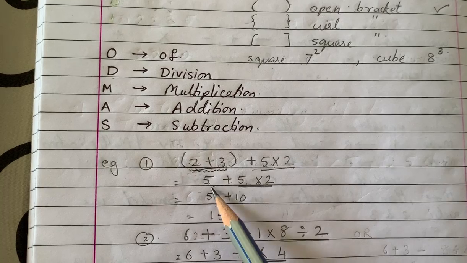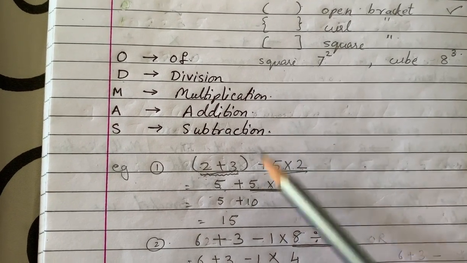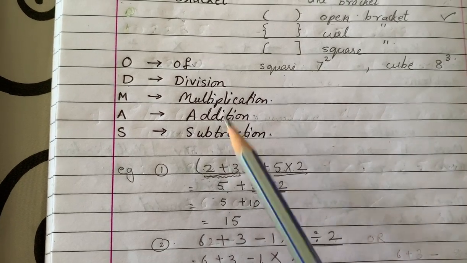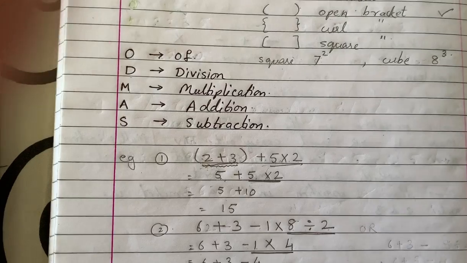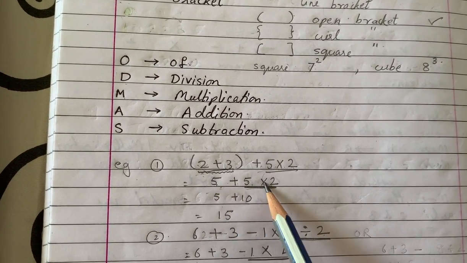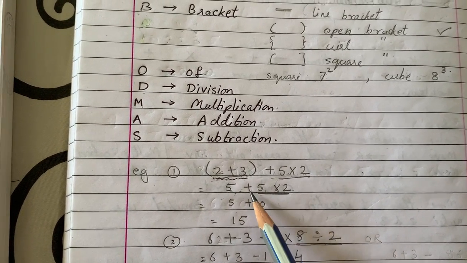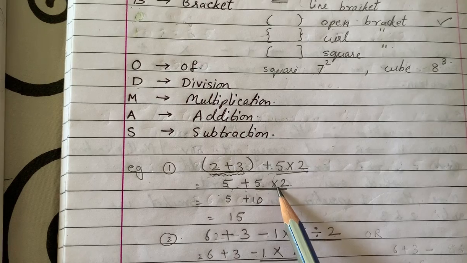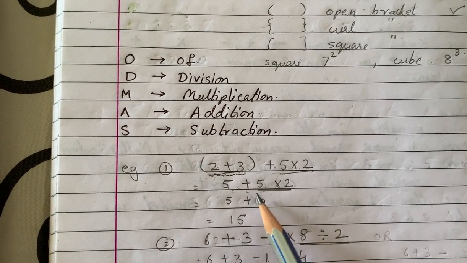Next, the next rule in the Bodmas says multiplication. So if you see in this equation or in this problem, addition and multiplication, two operations are there. So among the two operations, which one will you solve first?